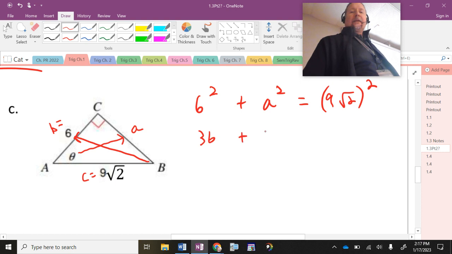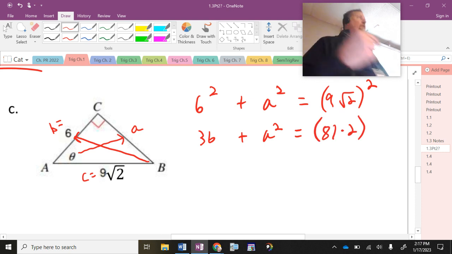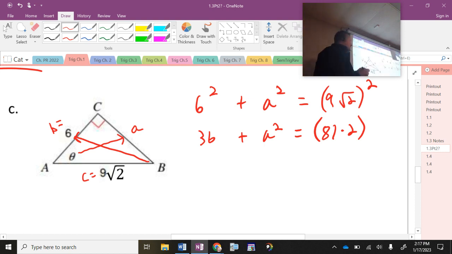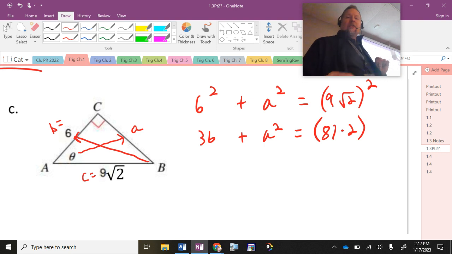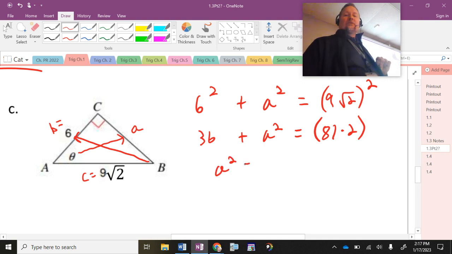Then how do you square 9 root 2? You square 9, you square root 2, and then you do that product. So that's how you square 9 root 2. All right, all things we should know. And then a squared equals 2 times 81 is 162 minus 36.